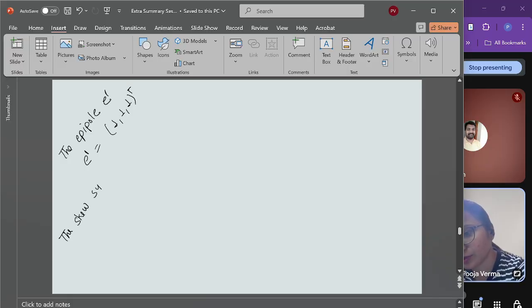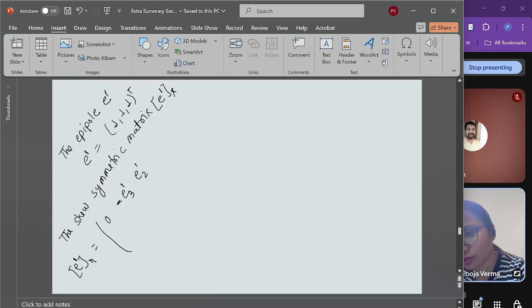The skew symmetric matrix is represented by [e dash]_x. It is calculated as, if you remember, already described: 0, minus e3 dash, e2 dash; e3 dash, 0, minus e1 dash; minus e2 dash, e1 dash, 0. The matrix is made from the epipole e dash.